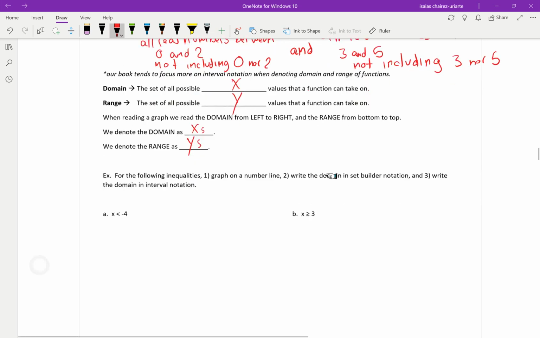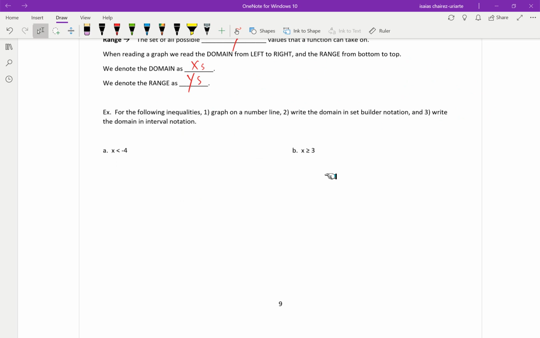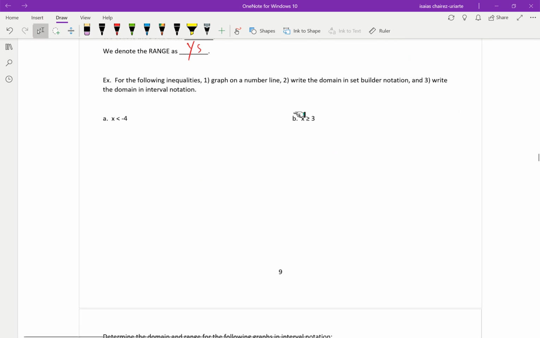Okay, let's practice a little bit with interval notation. In these two exercises, this denotes a set of numbers. It's the set of all real numbers that are less than -4, not including -4.